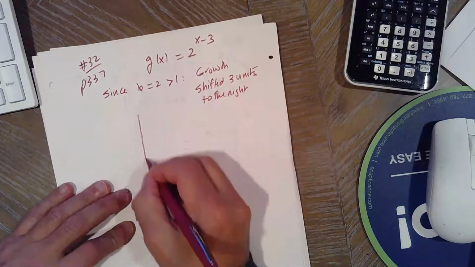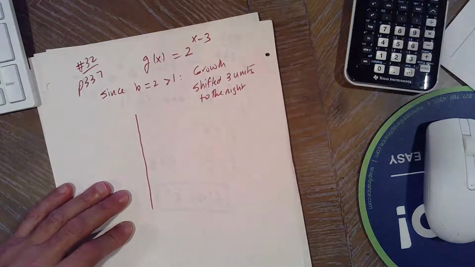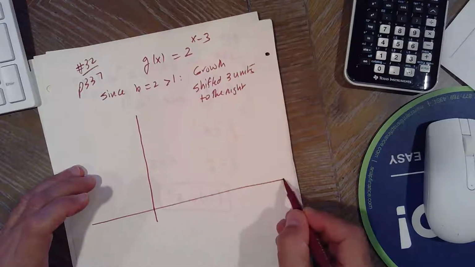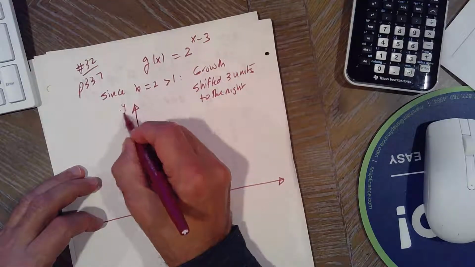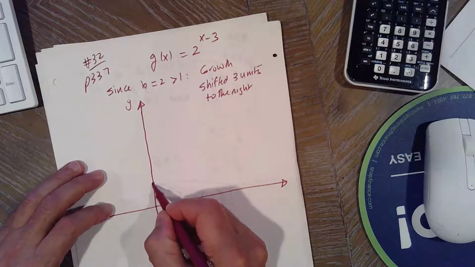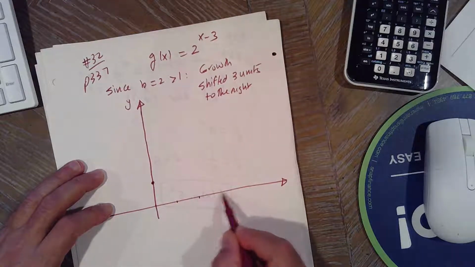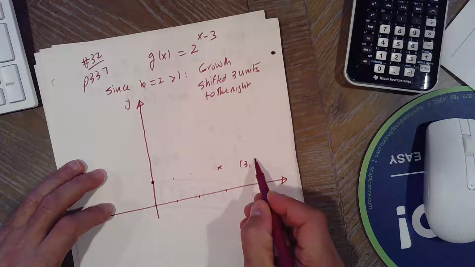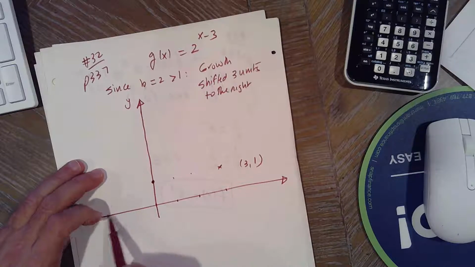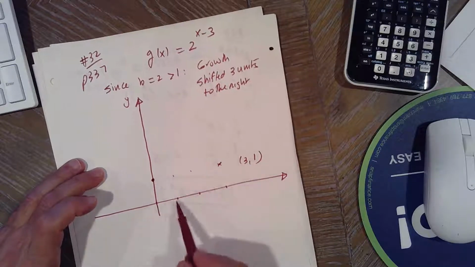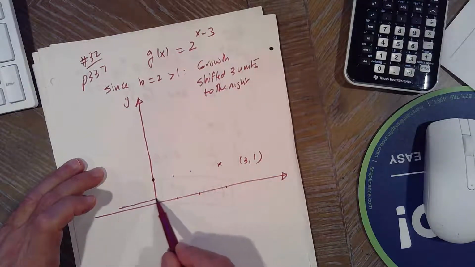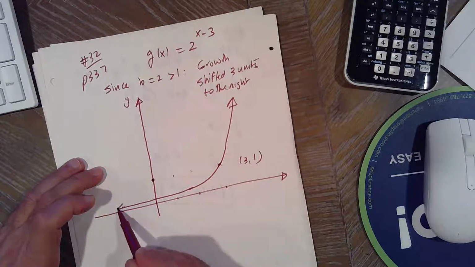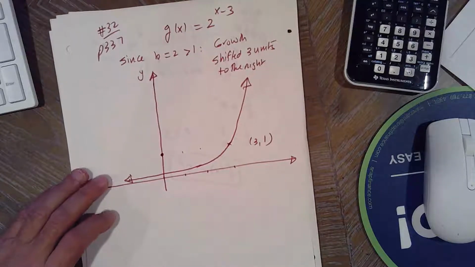So to graph it, instead of being at 0, 1, we're going to shift it 3 units to the right. So we are going to be at 3, 1. And so instead of going like this, we're going to go, of course we can get more points, but that's the graph shifted 3 units to the right.